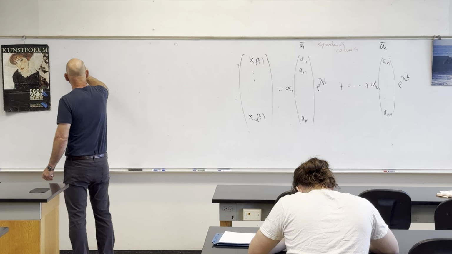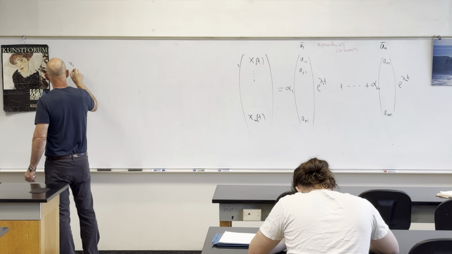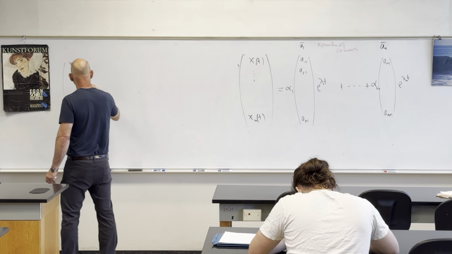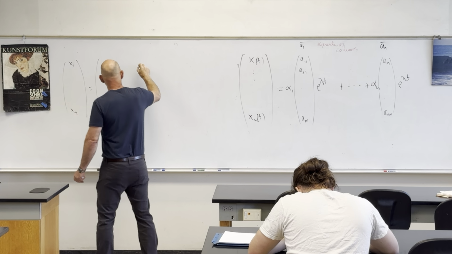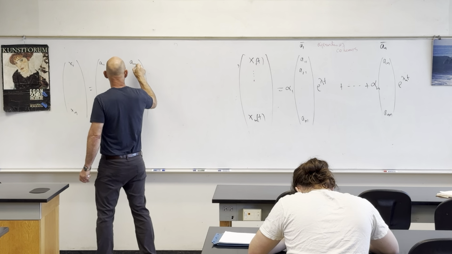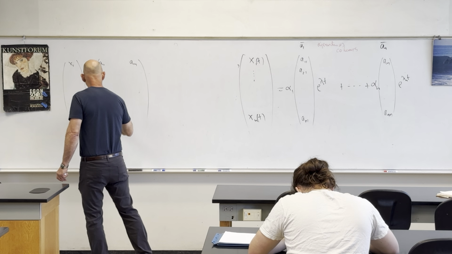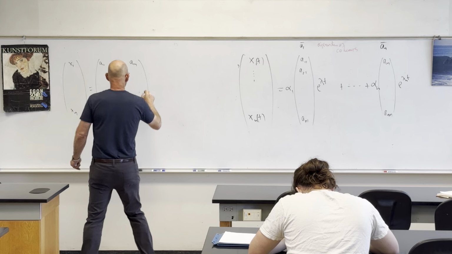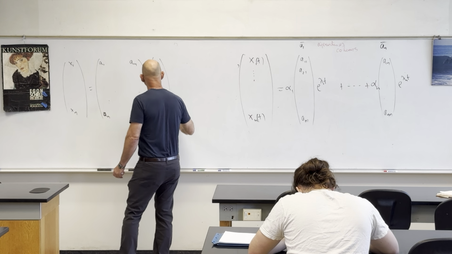I'll do this once more slowly. x1 down to xn equals A11, A1n, An1 to Ann, and what's in my column here now?